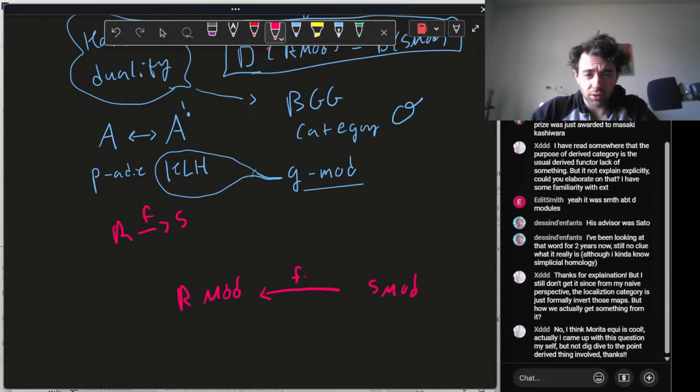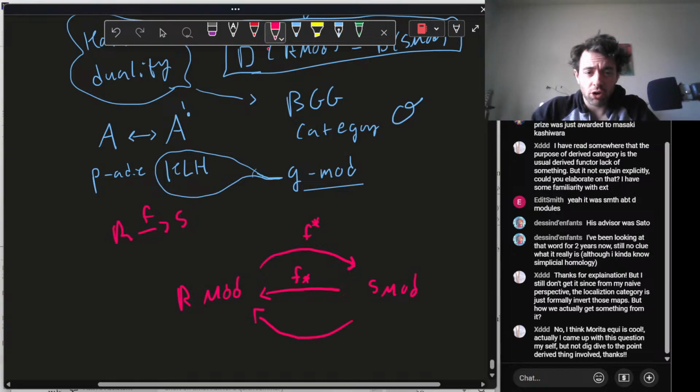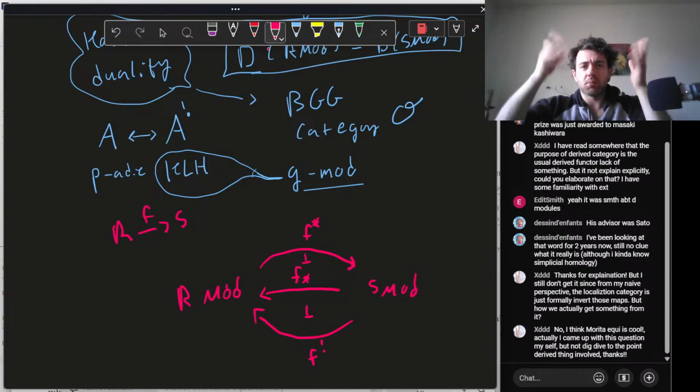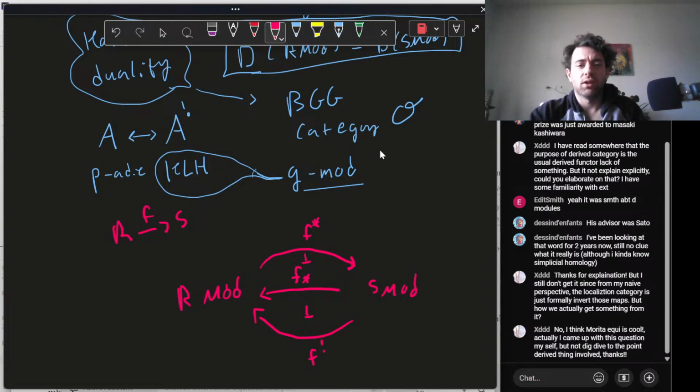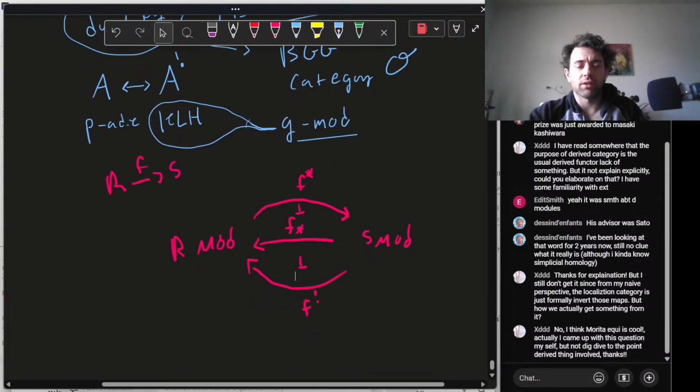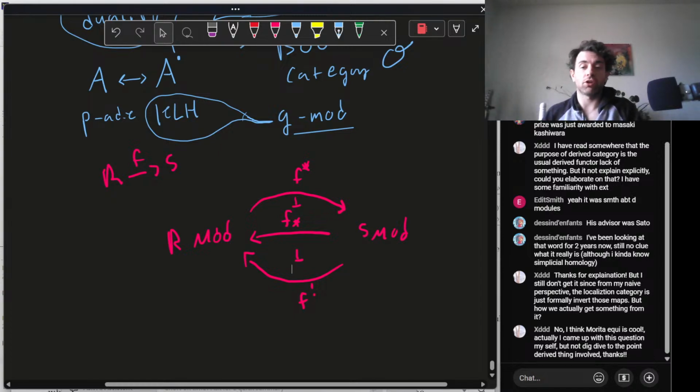We have the restriction of scalars, extension of scalars, and coextension of scalars. I always forget which way the adjunctions go, but we get this nice triple adjunction of maps.